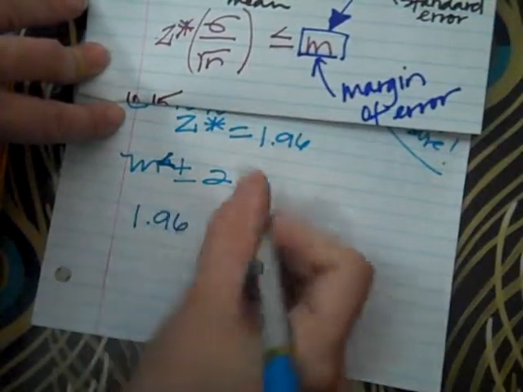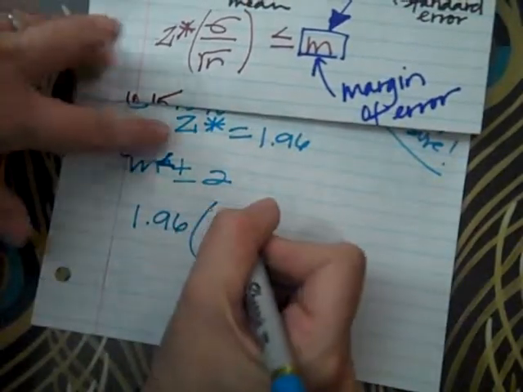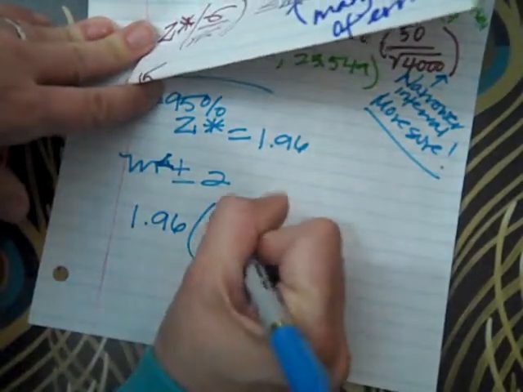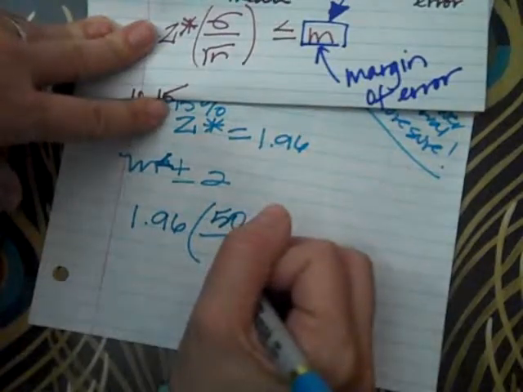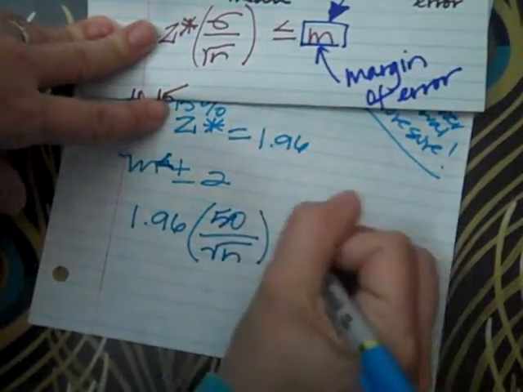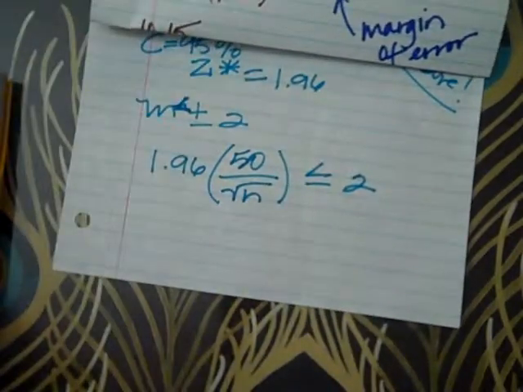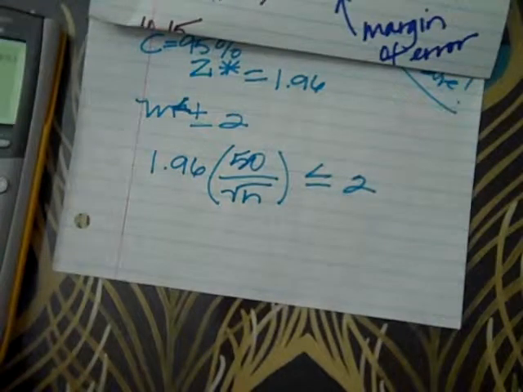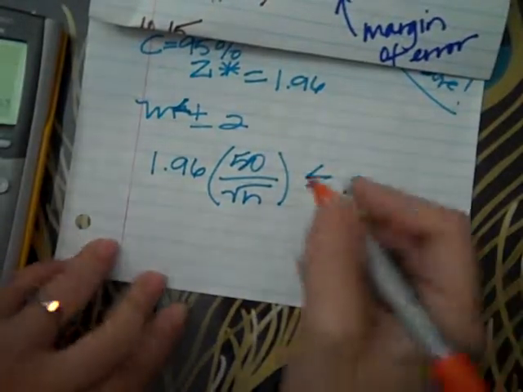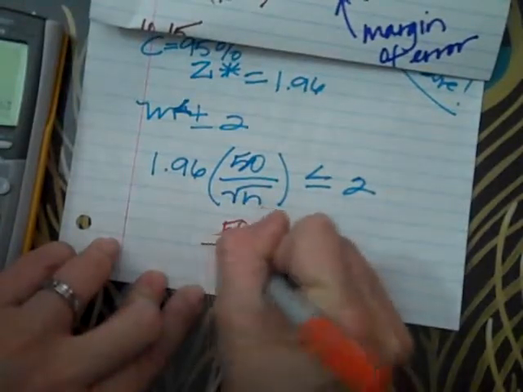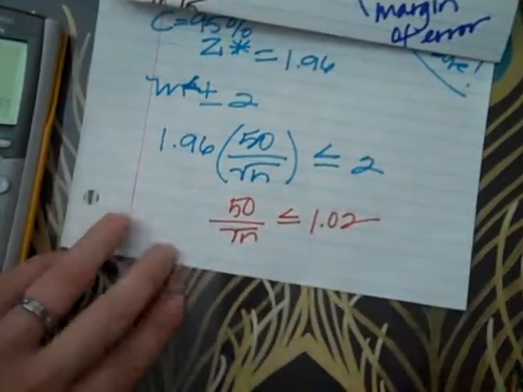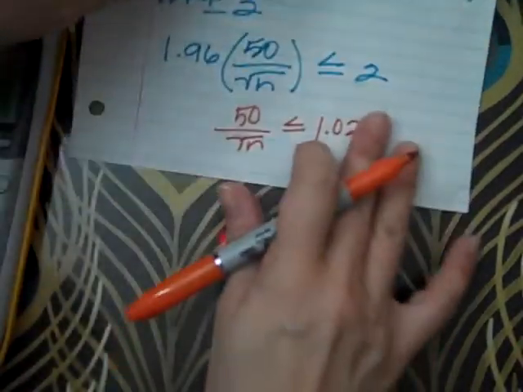So I'm going to go back, and my statistics, I had 50. And the sample size is what I'm interested in if I want to keep this under 2. So I'm going to place some algebra here. I'm going to divide both sides by 1.96. I'm going to multiply both sides by the square root of n.